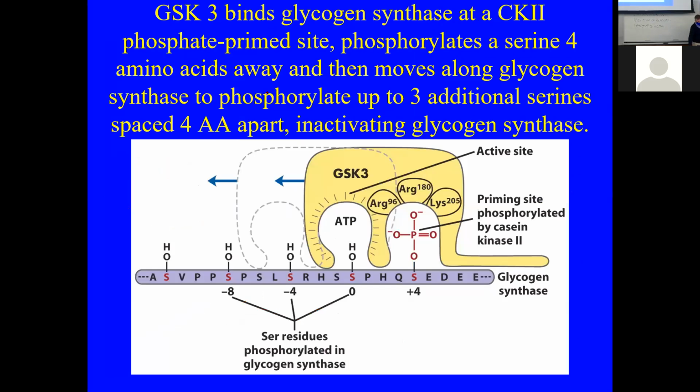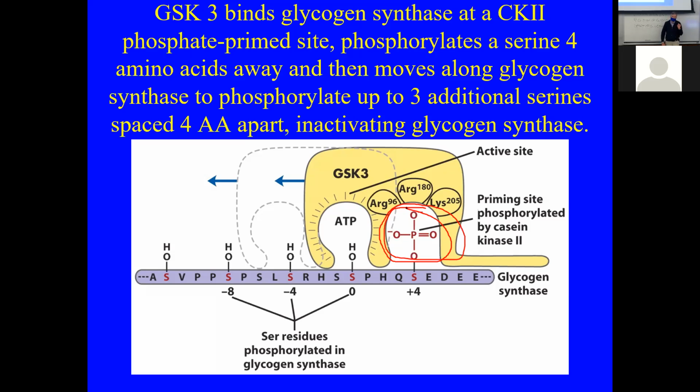Let's look at this in a little bit more detail up close. So this first serine, as shown here, has to be phosphorylated before the GSK3 can bind to glycogen synthase and act on it.